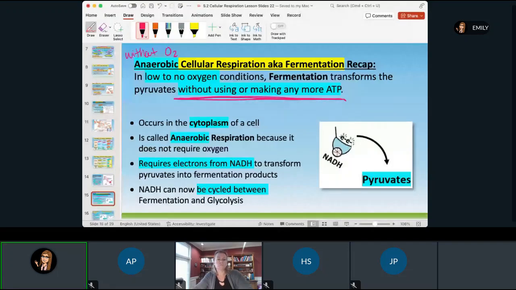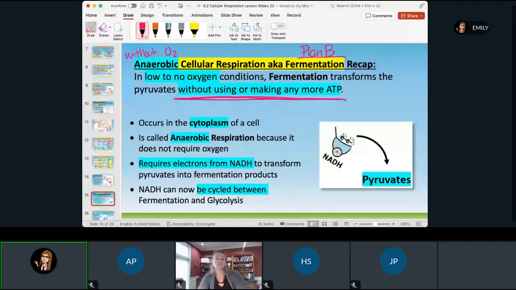So I want you guys to think back. If this happens after glycolysis, how many ATP total do I get from fermentation, or from plan B? How many ATP am I getting from plan B if this takes place after glycolysis? So I'm including whatever I get from glycolysis. Good.